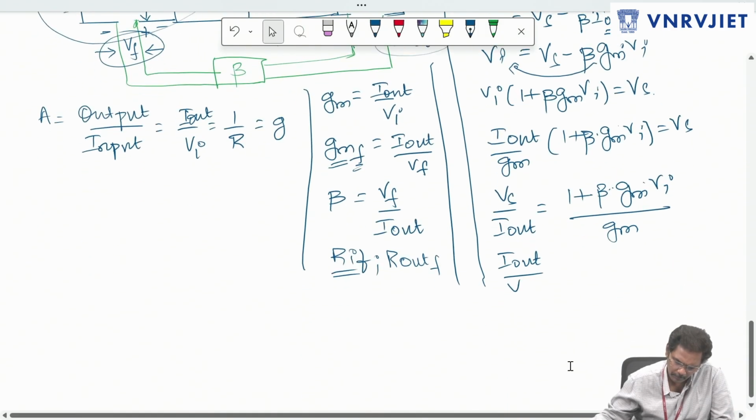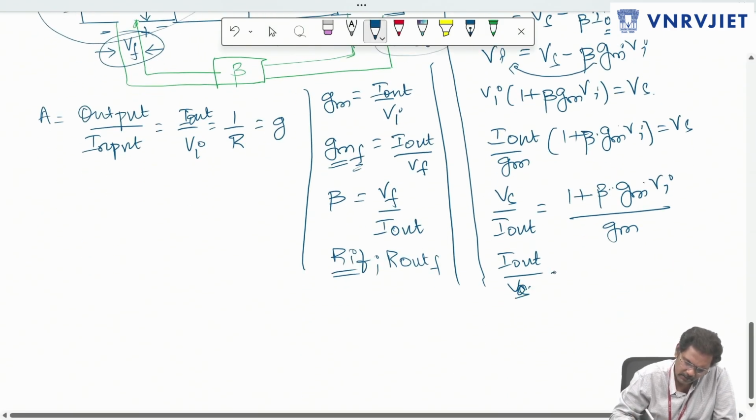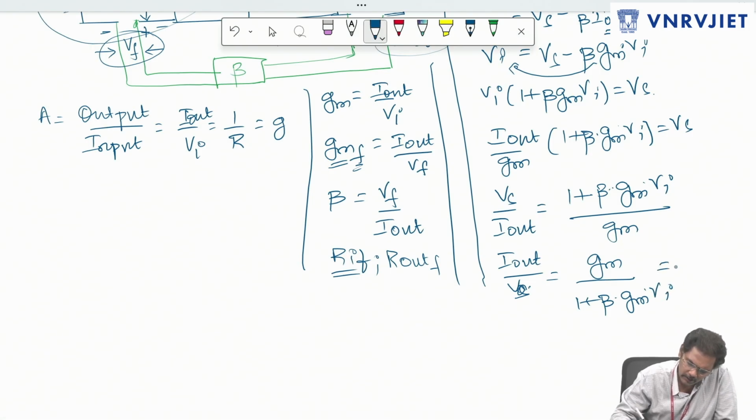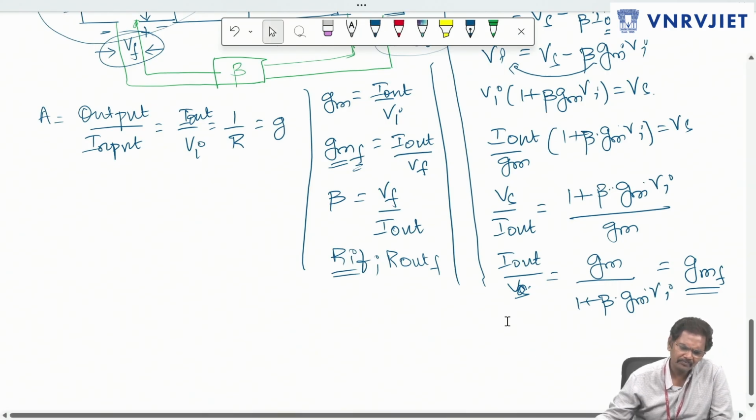So I out by Vs is Gm divided by 1 plus beta times Gm. This is the gain, which we'll call Gmf, the gain with feedback. Now let's go ahead and solve for the input impedance and output impedance.